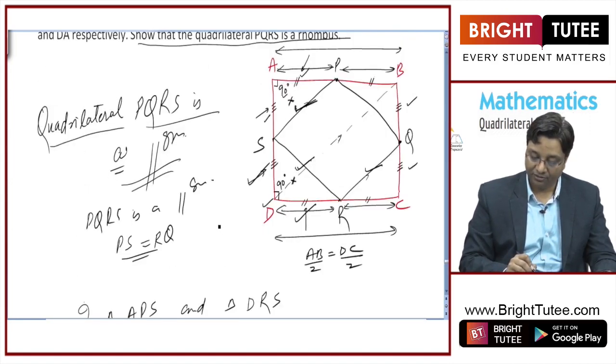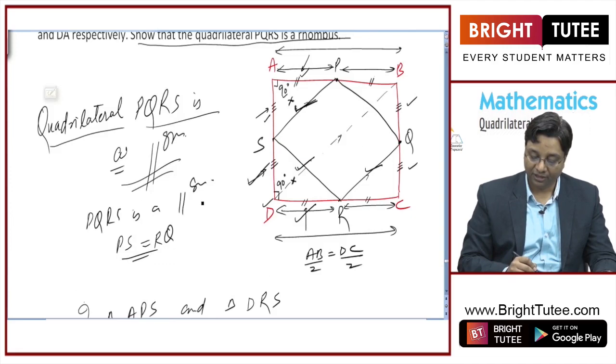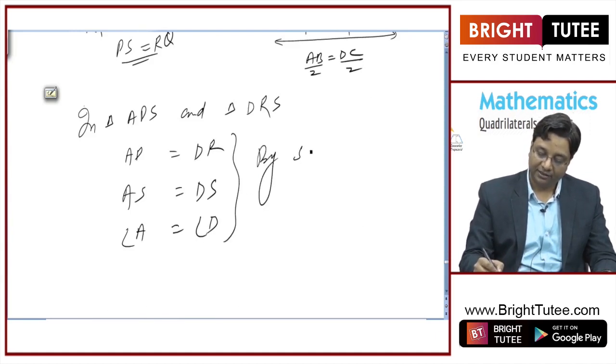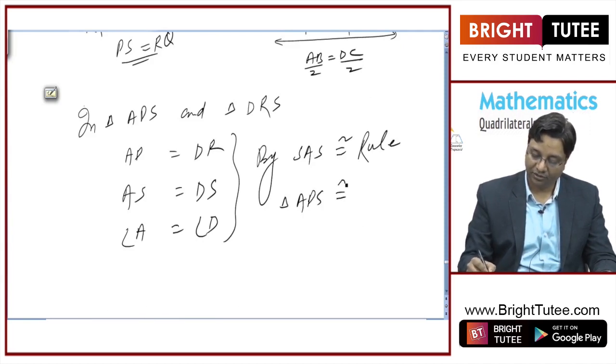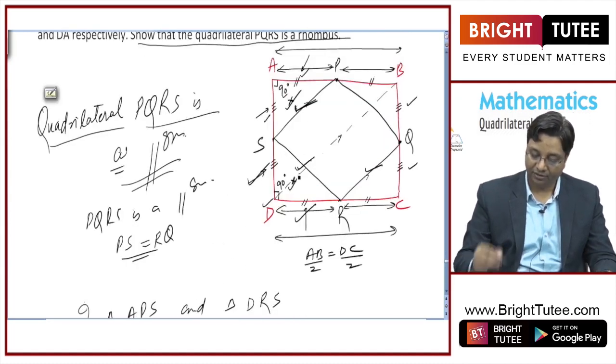AS is equal to DS. And what can you say about the angles? Angle A is equal to angle D. So by the side angle side congruence rule, you can say triangle APS is congruent to triangle DRS. This triangle here is congruent to this triangle.